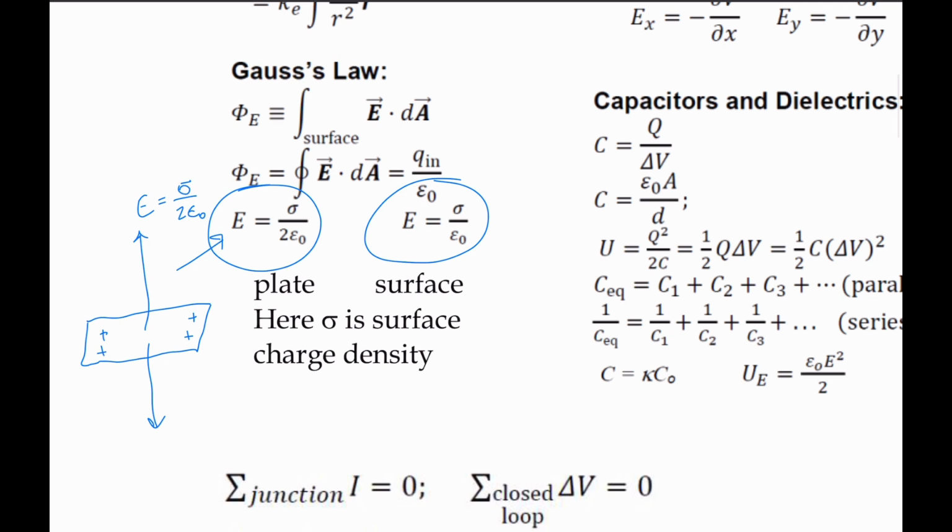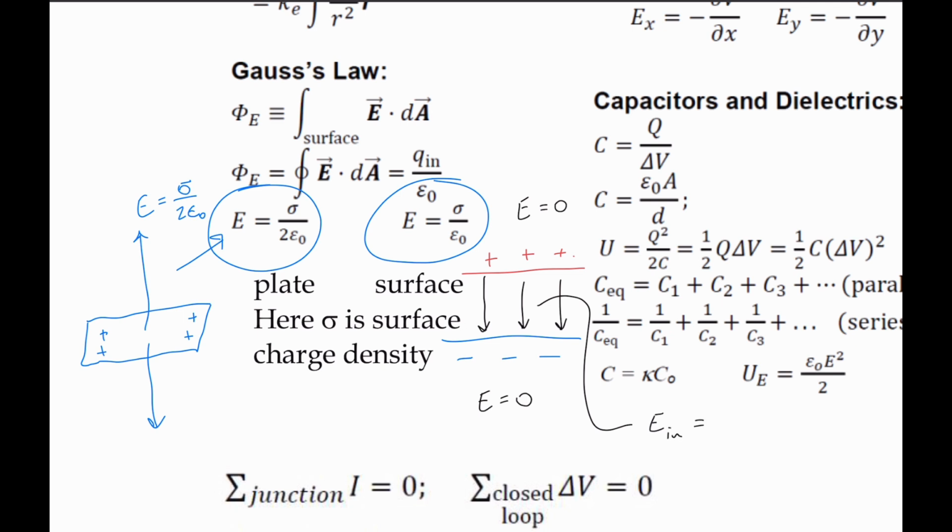While this one is if you had a positive plate and here you had a negative plate. Remember that the electric field here is shooting out of the positive one and going into the negative one. Over here outside the plate, electric field is equal to 0. Same here, electric field is equal to 0. And inside, E inside is equal to sigma over epsilon naught.